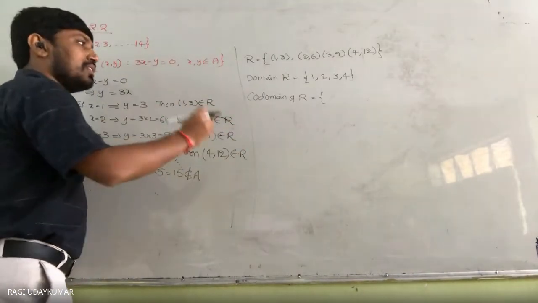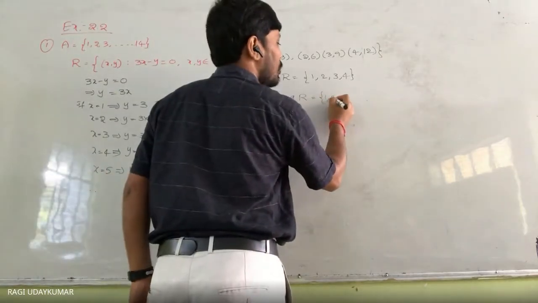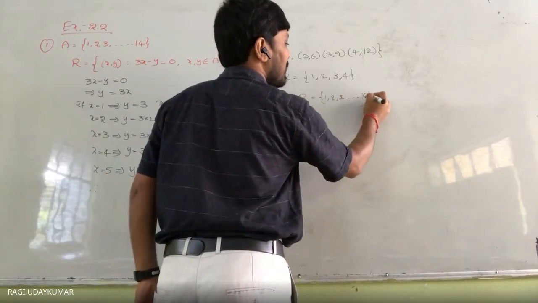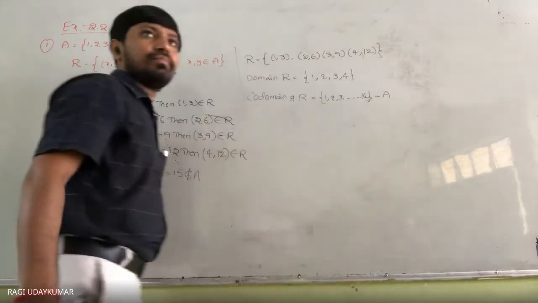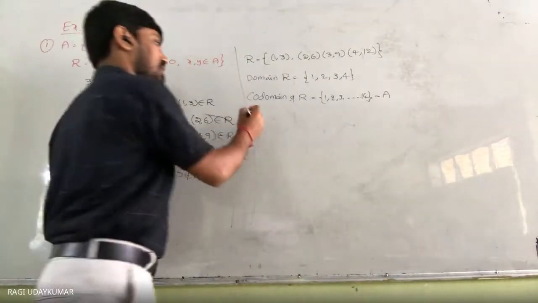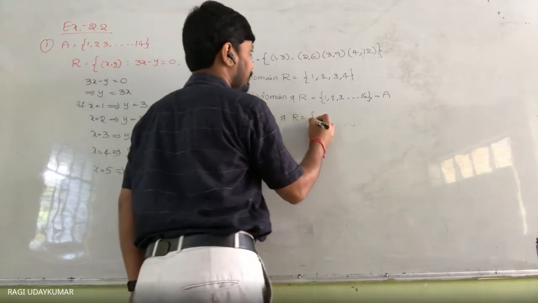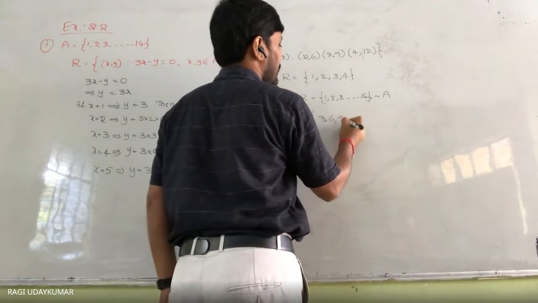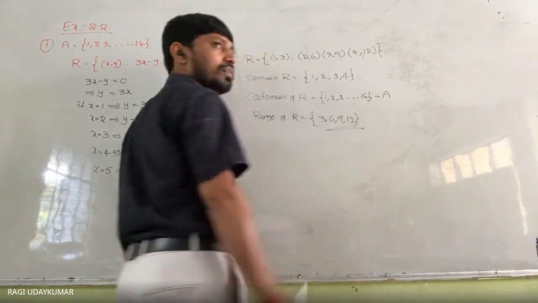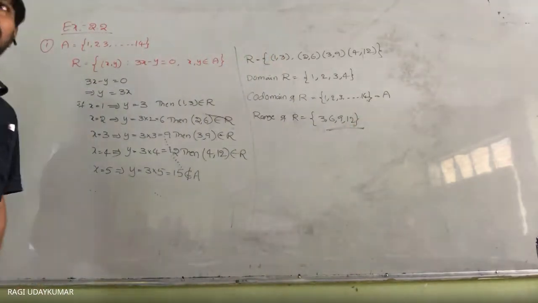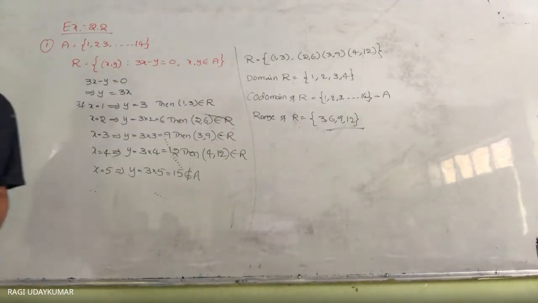A. So here it is 1, 2, 3 and so on till 14, or you can write it directly as A. Range is 3, 6, 9, 12. That's all. Okay? Understood?